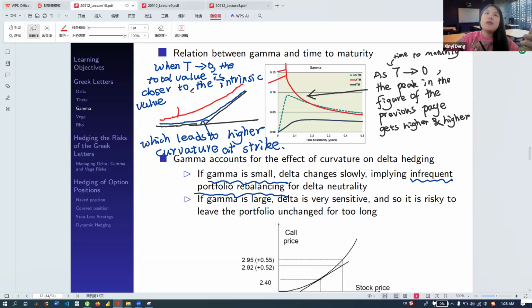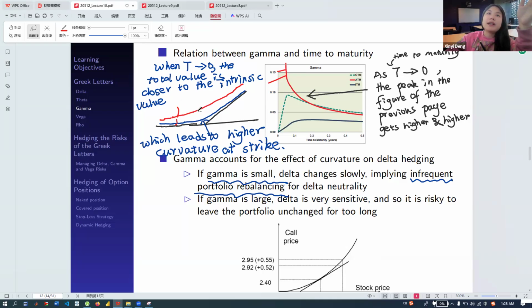As t approaches zero, the total value approaches the intrinsic value, right?